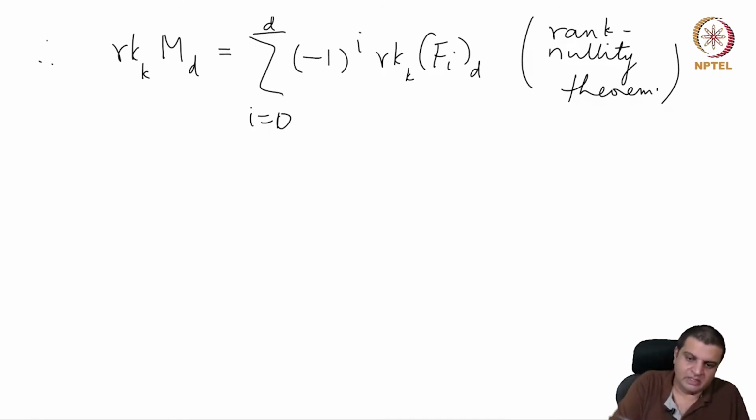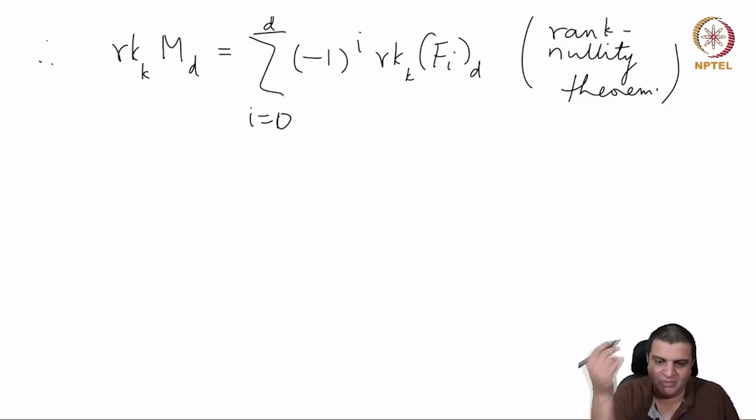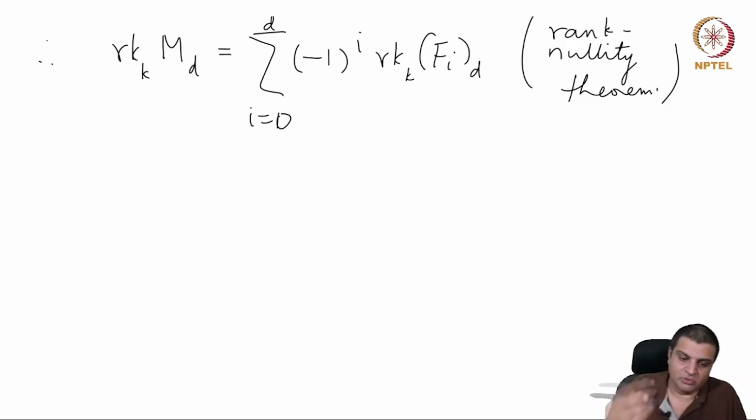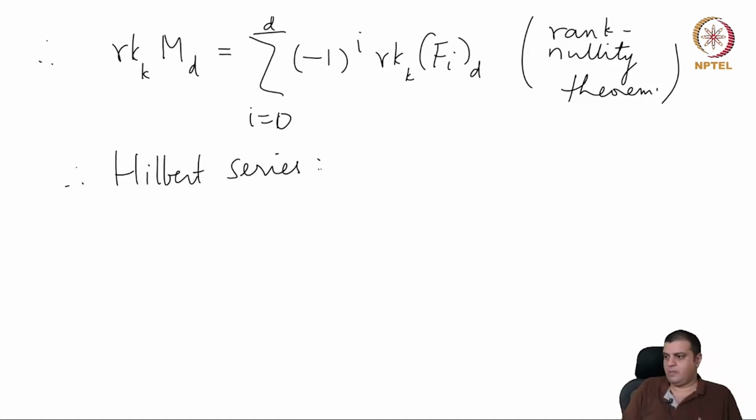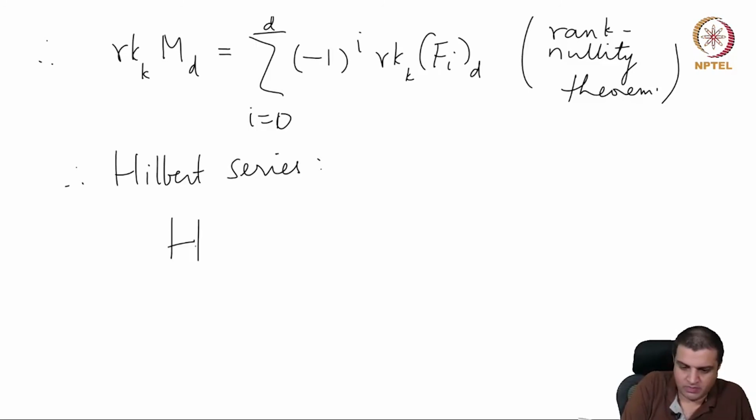So now we can multiply by powers of a dummy variable t, and then sum it up to construct the Hilbert series. Okay. So what does that tell us? It gives us H_M(t). We are just multiplying this by t to the d and then summing up.